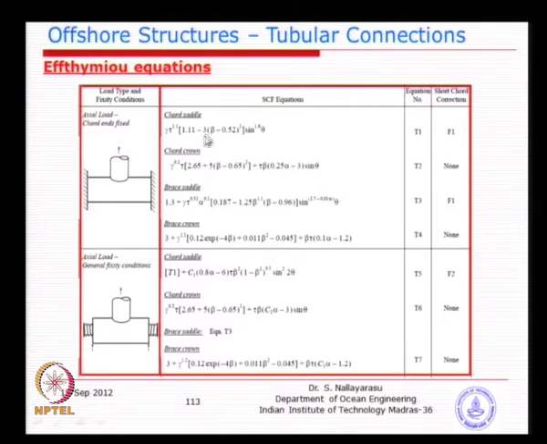So, you can see here, let us look at the chord saddle first. The SEF depends on the gamma value, which is basically the cylinderness of the chord, D by 2T; the tau value, basically the thickness ratio; and the next parameter is beta, which is d by D, the ratio of the diameter of the brace to chord; and then you have the angle, theta.